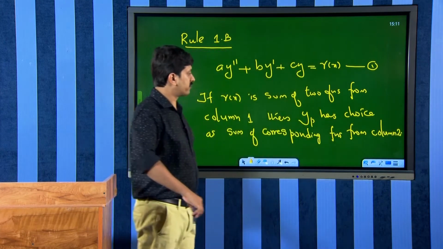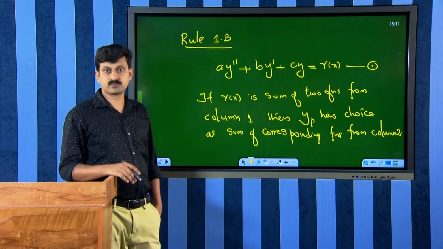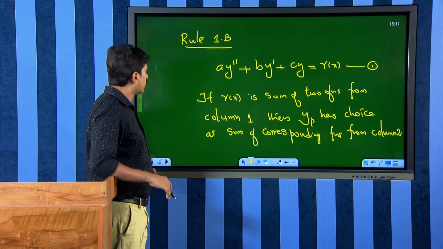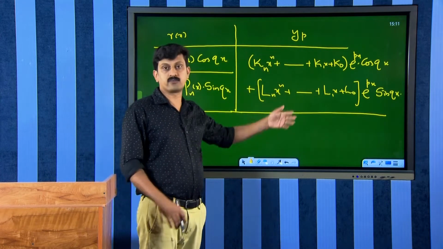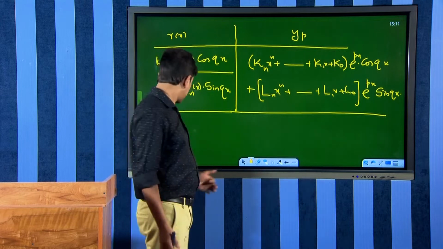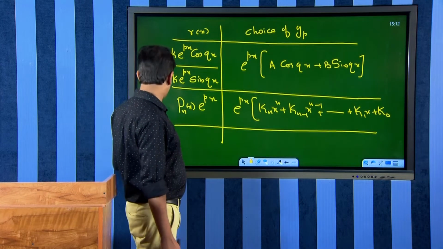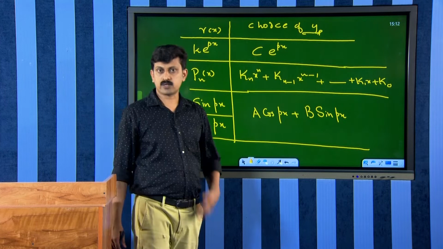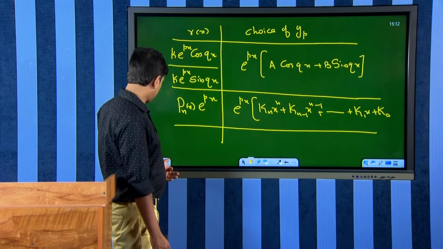That is the sum of corresponding functions from column 2. This is the choice of yp. We will take the sum of the choices of the yp's.